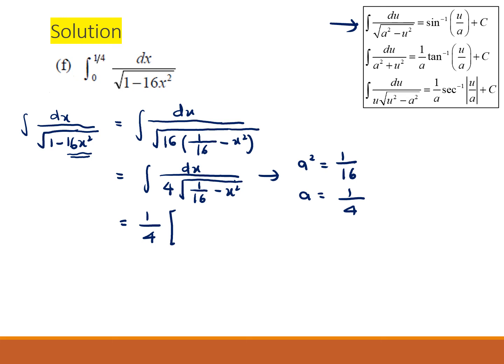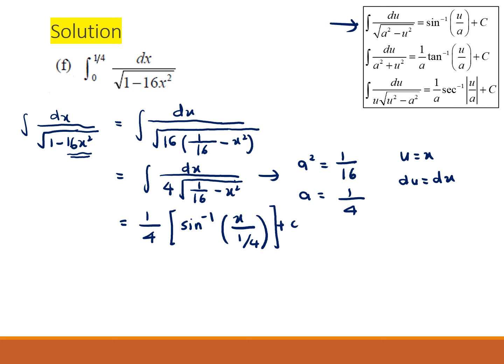Okay, so we have u is x. Our u is x, so du will be dx. So this will be arcsine of u, which is x over a, which is 1 over 4, plus c.